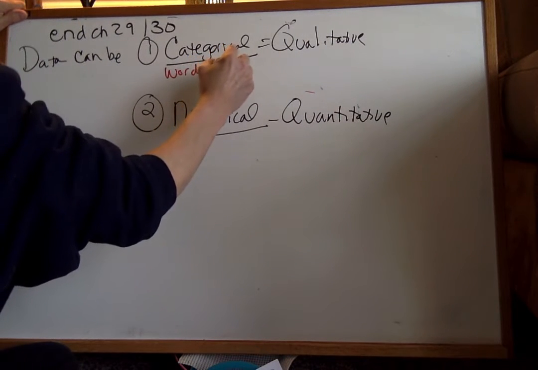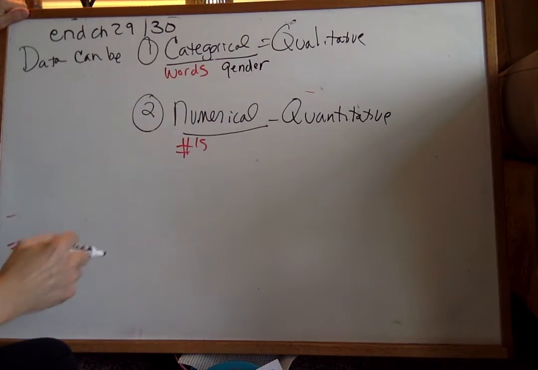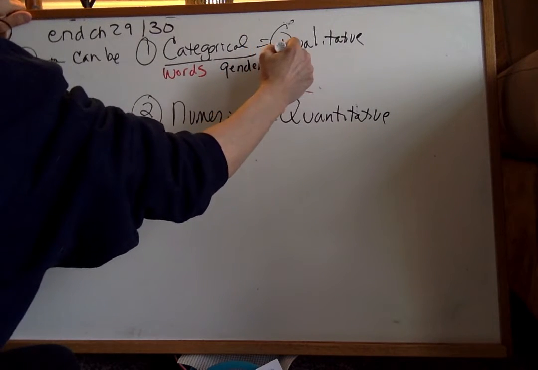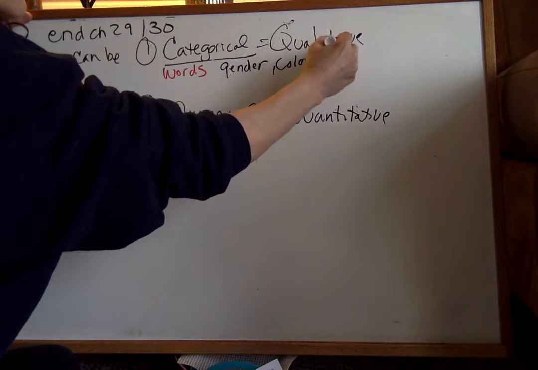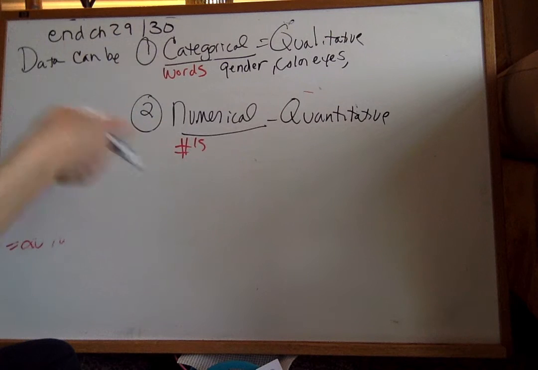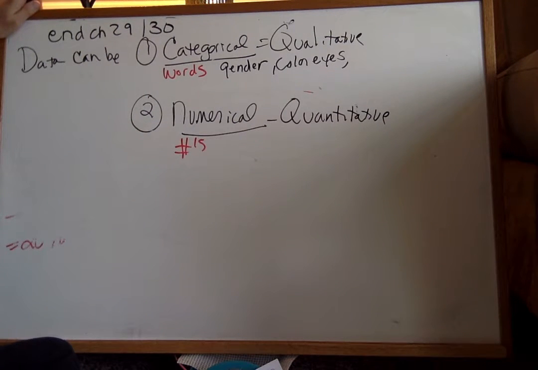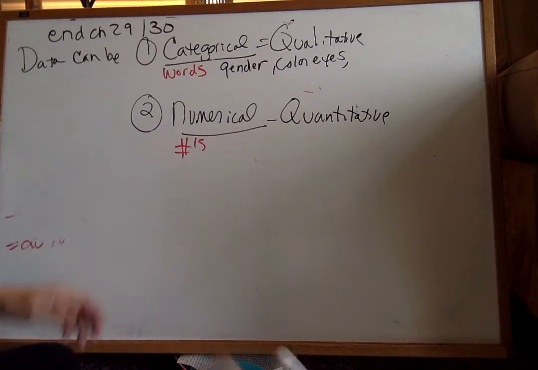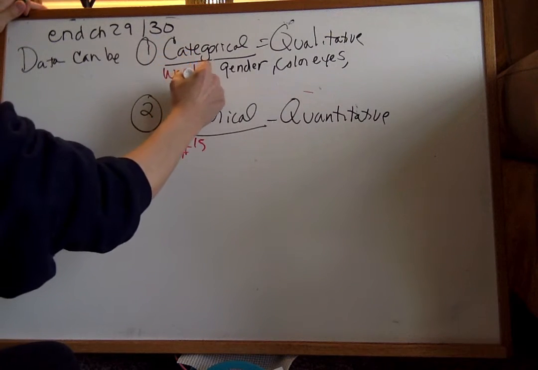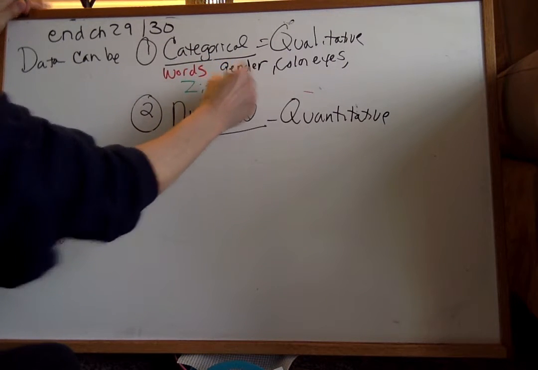So, gender is categorical. You would tell me you were male or female. Color of your eyes is categorical. Blue, brown, hazel, black, whatever. Zip code.